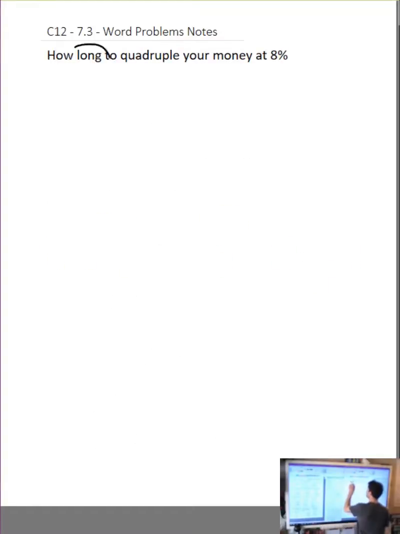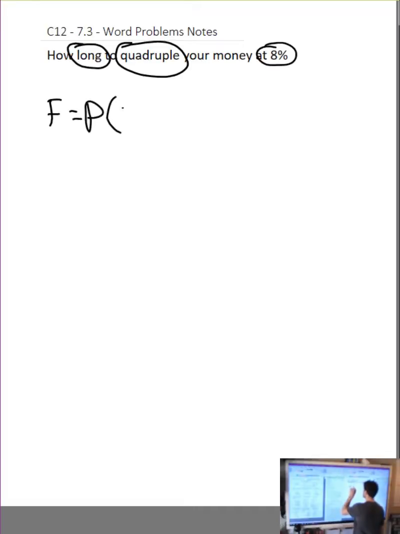Okay, how much time to quadruple your money at 8%? So we're working with money, so let's start off with the money equation. Future equals present times 1 plus the interest rate to the exponent time.